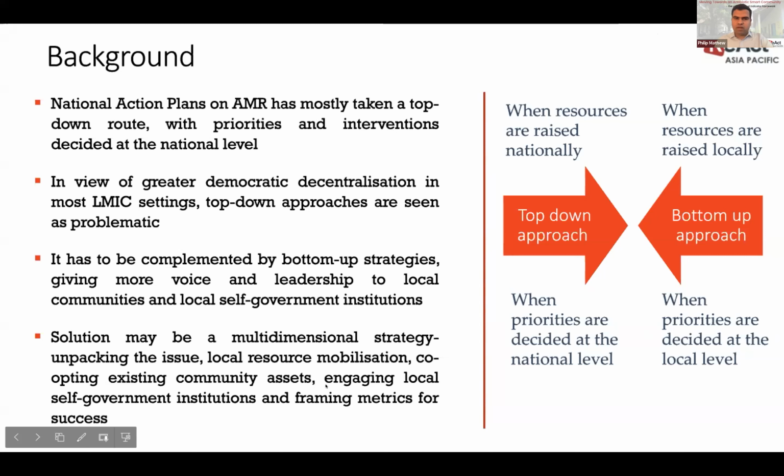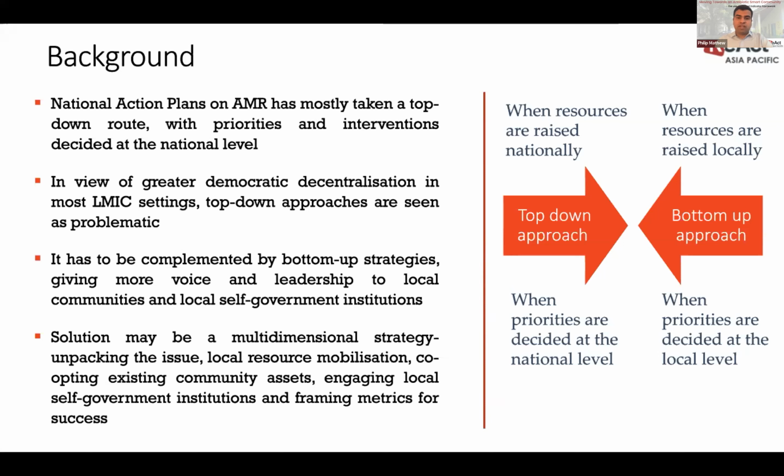So we were looking for a strategy because we didn't have any working models to actually refer to. So we decided that there are certain critical elements which should be a part of this whole process. We should be able to unpack the issue. We should be able to mobilize local resources, especially for the sake of sustainability. We also should be able to co-opt existing community assets.